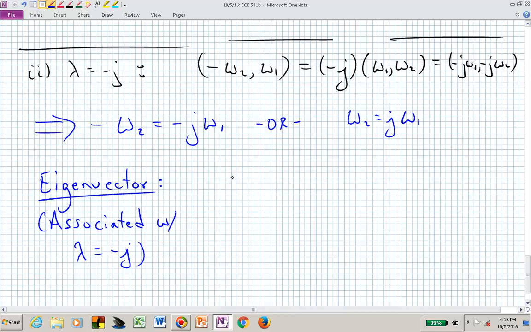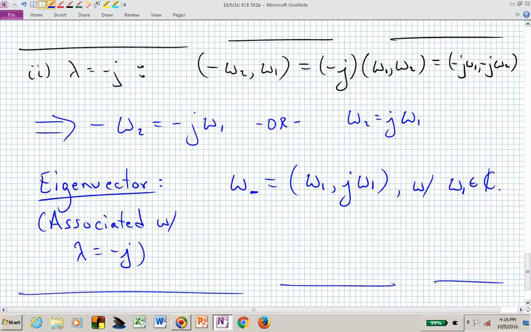We could call this, let's say, w minus. w1 maybe is our free variable, so we just put w1 as some value, and w sub 2 is now j w1, and we can consider w1 being in the field of complex numbers. And this is now our second eigenvector associated with that linear map.